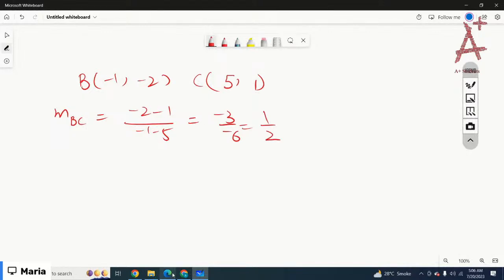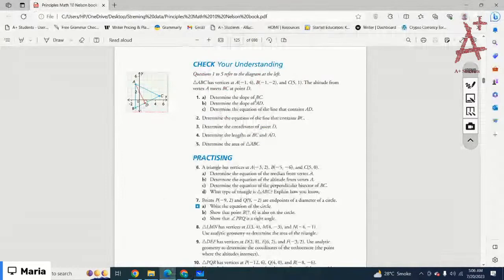Okay, let's see what we have to do for part B. Determine the slope of AD.